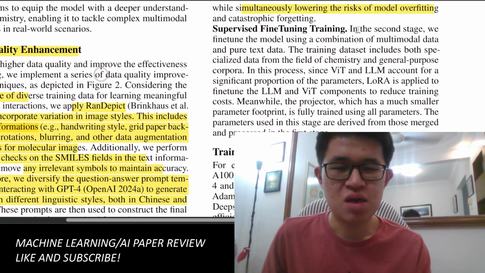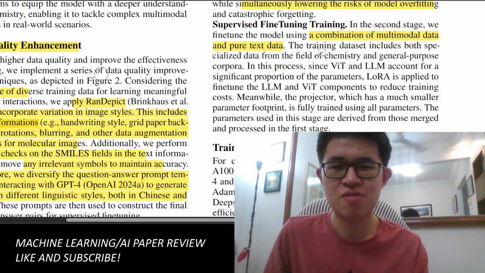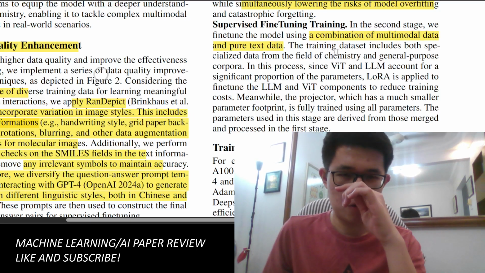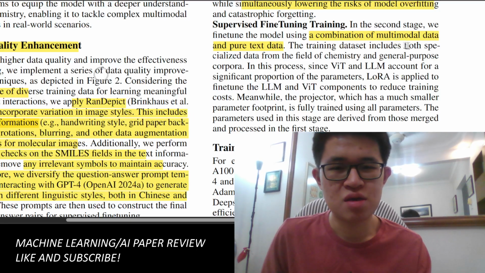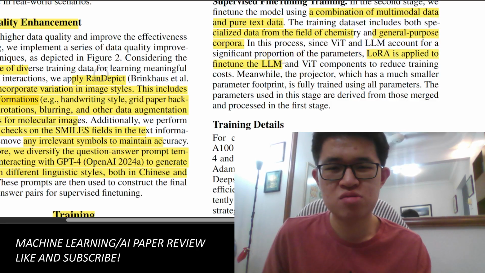In the second stage, we fine tune the model using a combination of multimodal data and pure text data. The training set includes the specialized data from chemistry and the general purpose corpus. They use LoRA to fine tune the LLM and the vision transformer to reduce training costs.